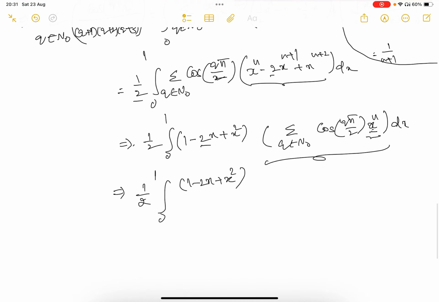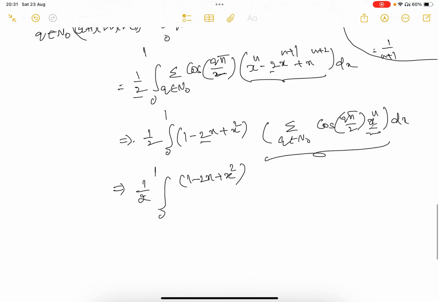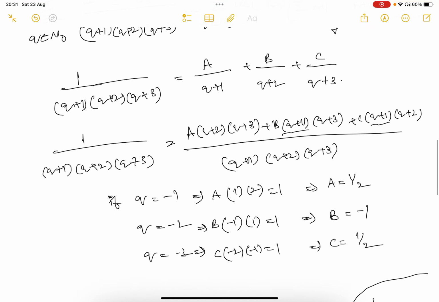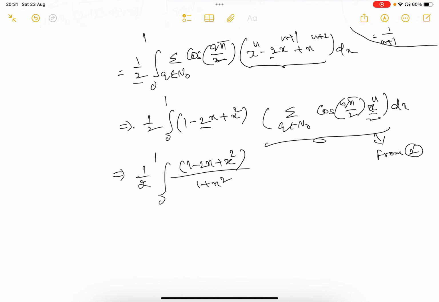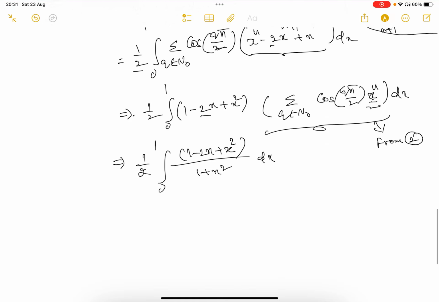This q value is n here. Then this is from equation 2. Here q is n. Just remember that this will be 1 plus x square, as we have substituted here. While substituting this, you can write it as q plus 1, right? I have just interchanged the numbers. You can do that. 1 plus x square into dx.